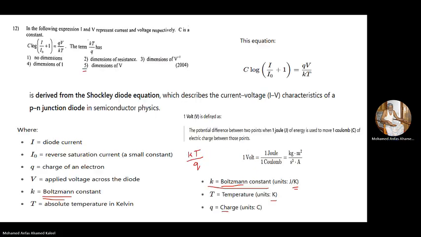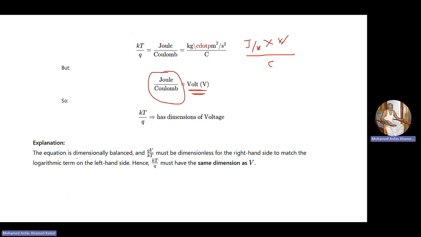Let's say the equation is dimensionally balanced, and qV over kT must be dimensionless for the right hand side to match the logarithmic term on the left hand side.